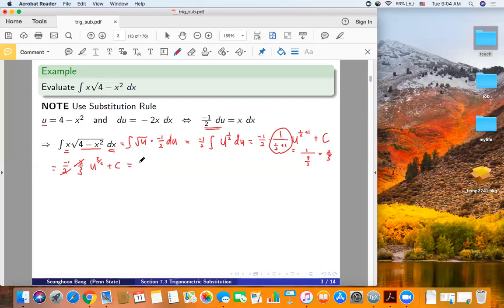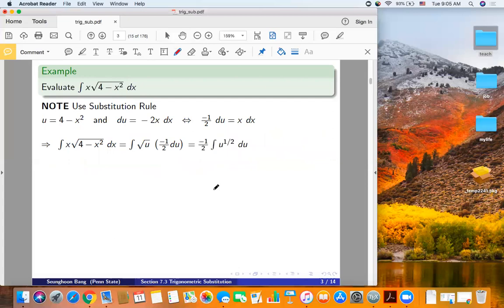The answer is minus 1/3 u to the 3 over 2. You can change back. This u is here: 4 minus x squared. Minus 1/3 times 4 minus x squared to the power 3 over 2 plus c. These are parentheses, not absolute value signs. Okay, this is all the procedure for solving this problem, right? Like this.